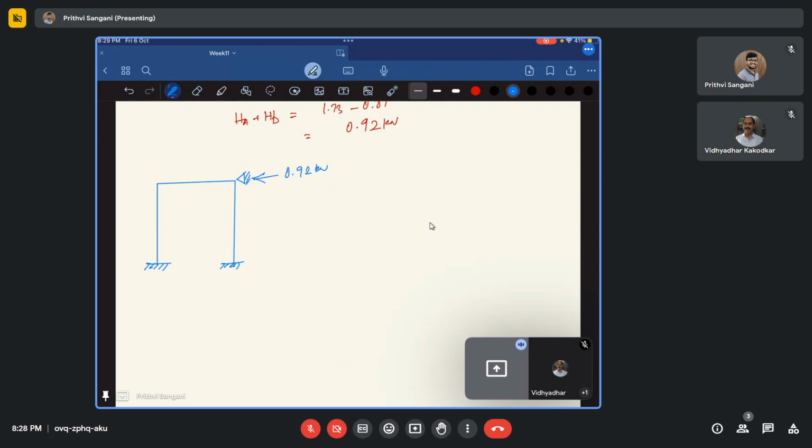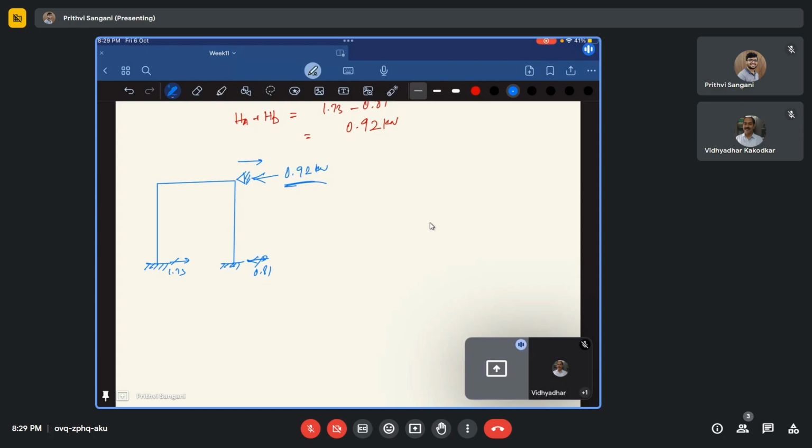Because we are getting net forces, this plus this. So this is 1.73, and this is in this direction, this is 0.81. Because of this net, there is a restriction coming as 0.92. But in the real structure, there is no restriction there, right? So in order to remove that restriction, we will apply a force of 0.92 in this direction.